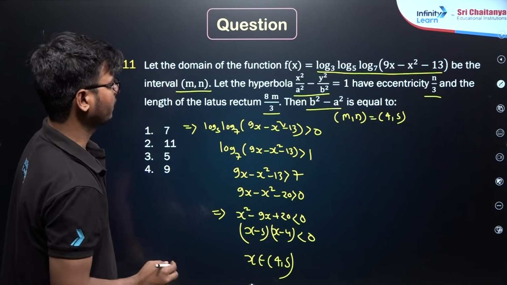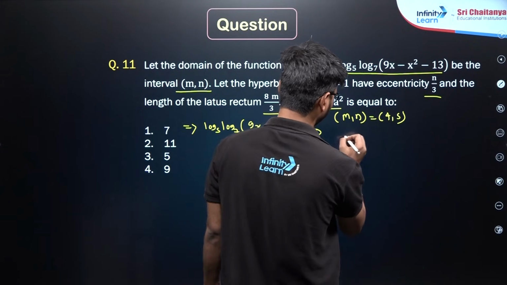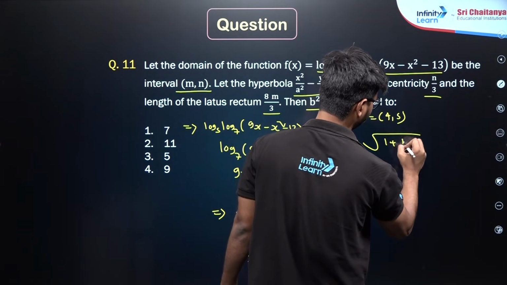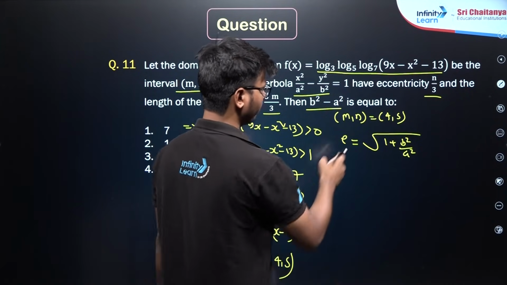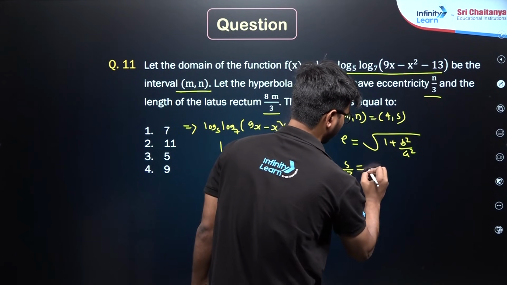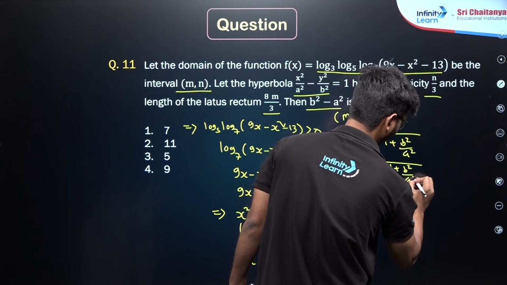Now if you observe, we are given the eccentricity of the hyperbola. We know the eccentricity of a hyperbola is given by the square root of 1 plus b square upon a square, and the eccentricity is given as n by 3, so the value of n is 5, so it is going to be 5 by 3, okay? This will be equal to the square root of 1 plus b square upon a square. Squaring on both sides, 5 5s are 25, 3 3s are 9, so 25 by 9 equals 1 plus b square upon a square.